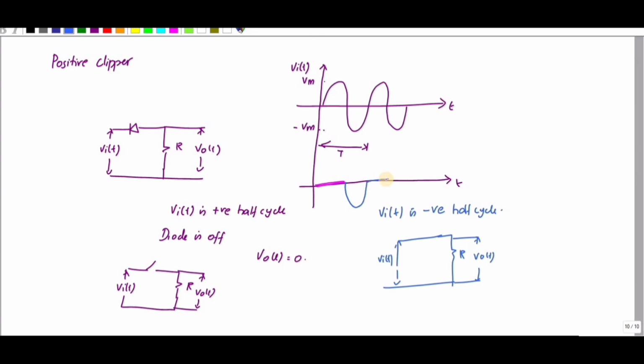You can see the positive half cycle is removed and the negative half cycle remains the same. I can redraw the circuit like this, and this is also a positive clipper. Either you can draw it like the previous diagram, this is also a positive clipper.